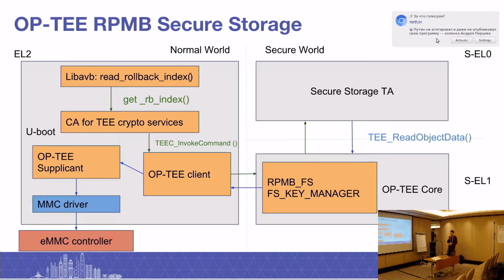The secure storage TA will decide if we have permissions or not, and then we'll use the GlobalPlatform Core API for persistent objects and call read object data from OP-TEE core. The OP-TEE core RPMB file system component, with the leverage of the FS key manager, is going to generate an RPMB frame and return it back to normal world.